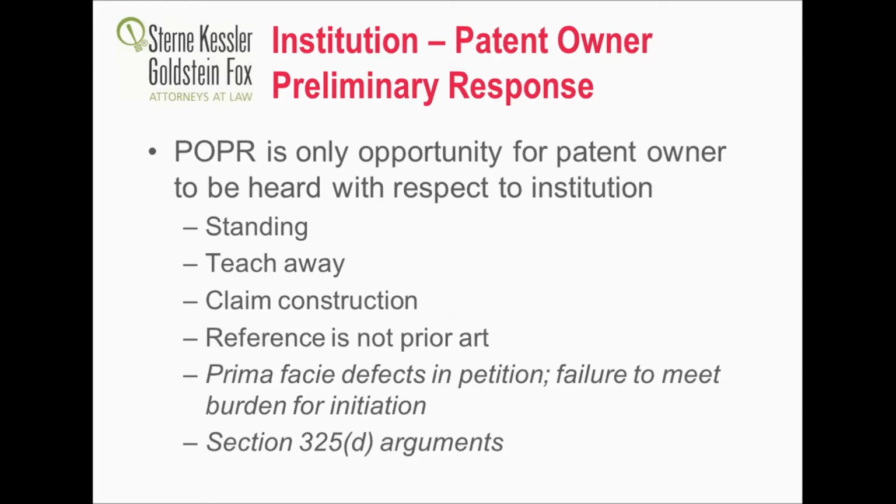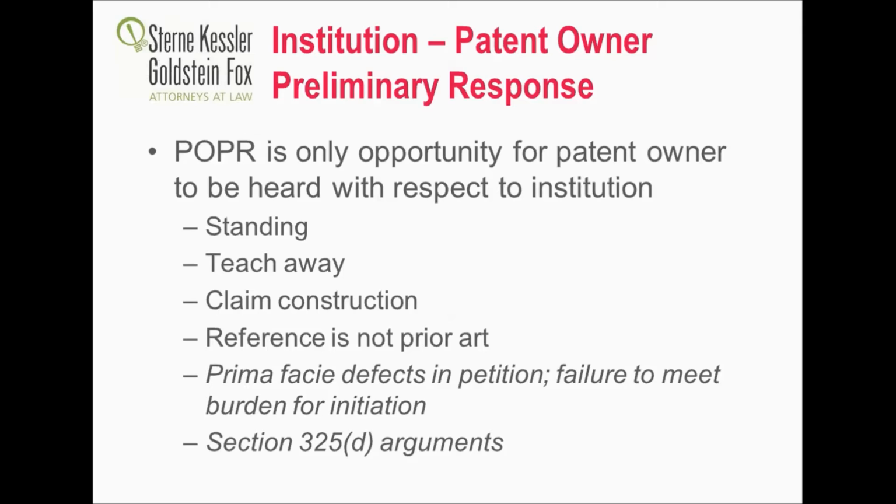So in the trial practice guide, as I'm sure you're all aware, there are specific areas that the board points patent owners to that it thinks are appropriate for preliminary patent owner responses. Those include standing issues. The board wants to hear about those right away if you have them.